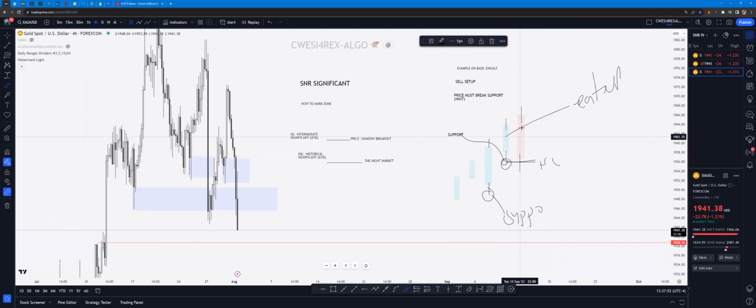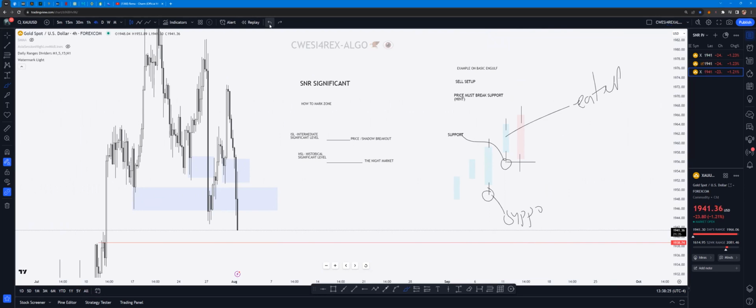And we said wicks or shadows are also price. So you can see we have price breaking this. Since this candle has broken this support over here, when we are drawing our zone, we are going to mark on the candle, ignoring that one. Do you understand?